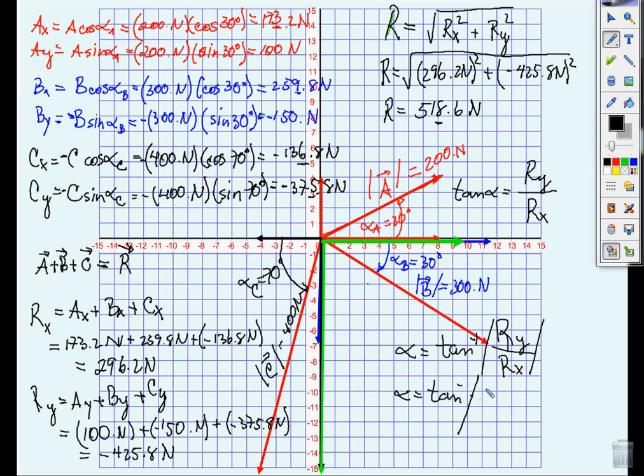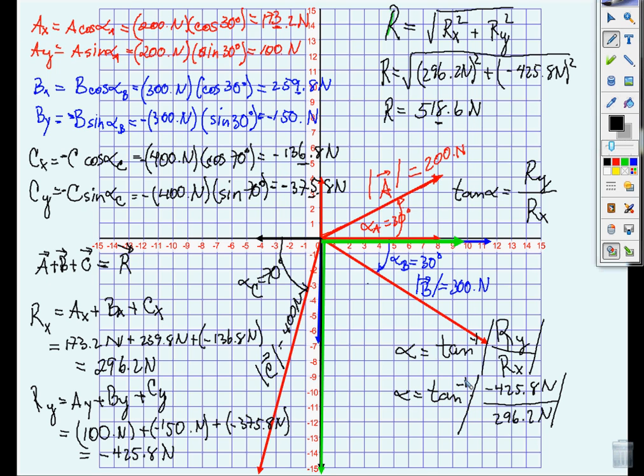So my reference angle is going to be the inverse tangent of my component in y, which is this one over here, negative 425.8 newtons, divided by 296.2 newtons. Make sure your calculator is in degrees, please, otherwise you're going to get a different answer. I'm going to write it again as an inverse tangent so that you don't get confused.